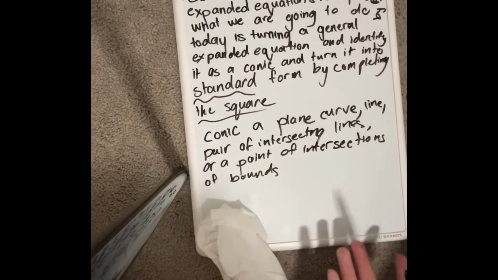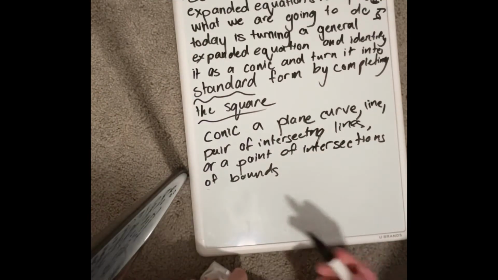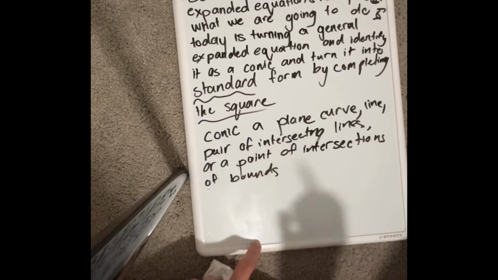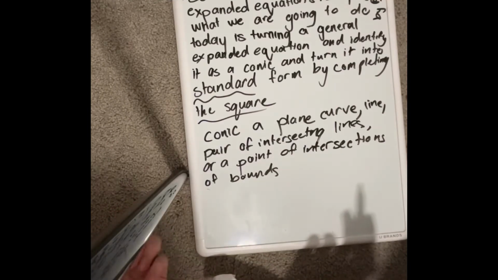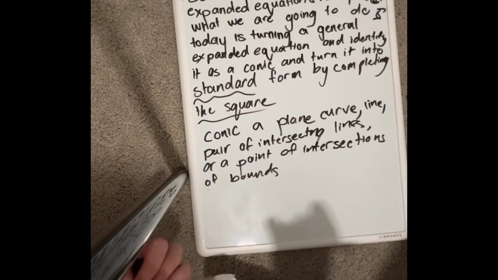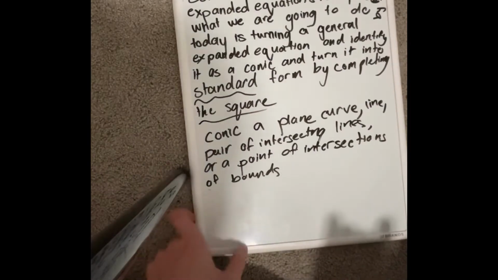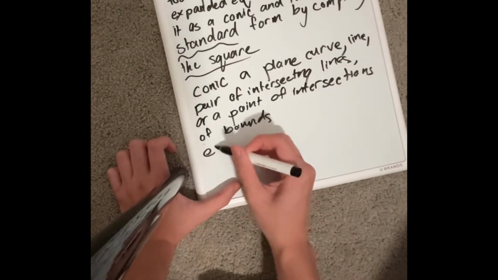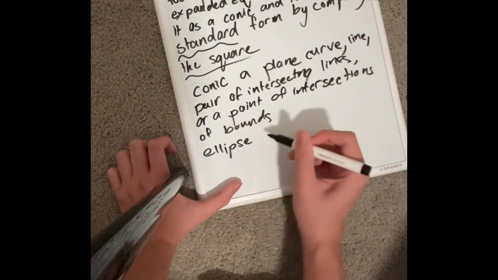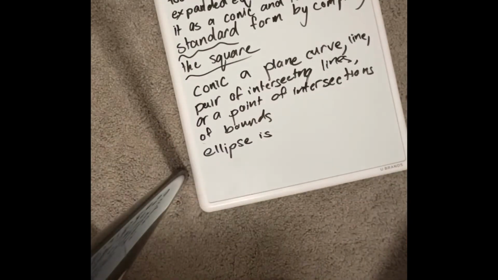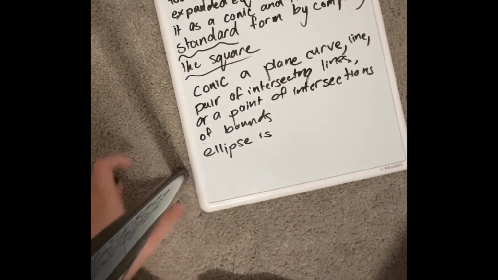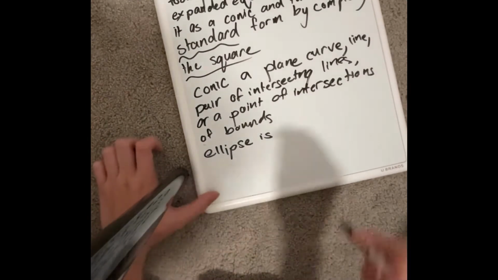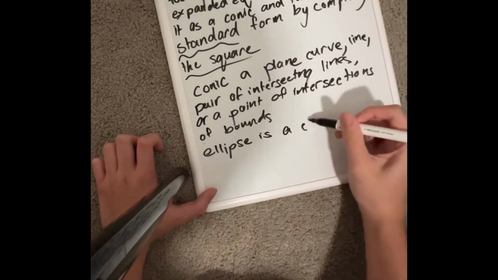There are 4 types of conics: the ellipse, circle, hyperbola, and parabola. And today we will focus on ellipses. An ellipse is a type of conic that we are learning today, and it is a closed curve.